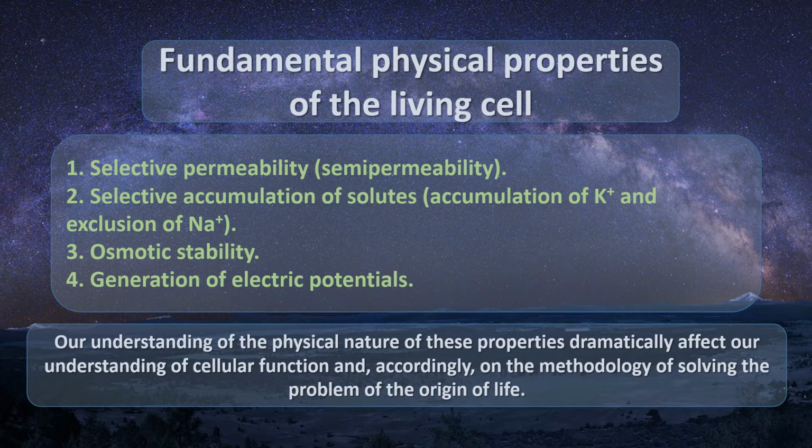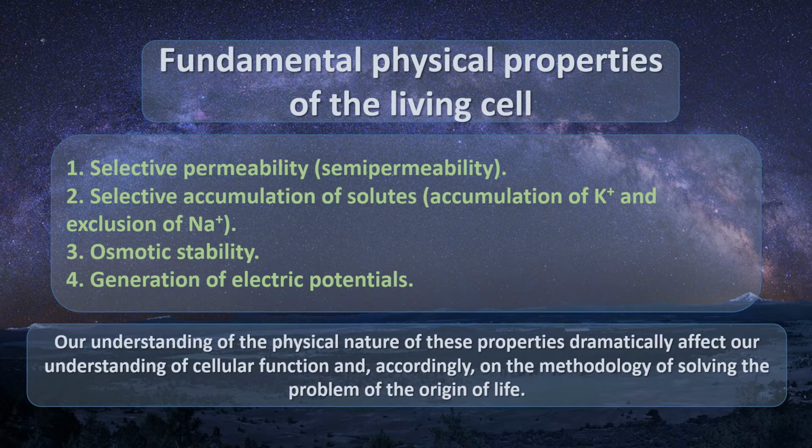First, the cell is semi-permeable, which is expressed in the fact that the larger the solute molecule, the worse it gets into the cell. The second, the cell is able to accumulate selectively some solutes, such as potassium, and excludes other solutes, for example sodium. Third, why the cell is osmotically stable.